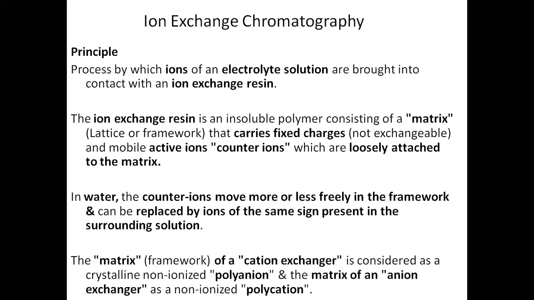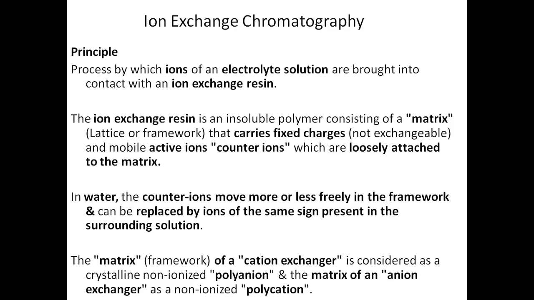The ion exchange resin is an insoluble polymer consisting of a matrix, that is a lattice or framework, that carries fixed charges which are not exchangeable. That means these charged particles are embedded on the matrix, and therefore they are not exchangeable. And the mobile or active ions, or counter ions, are loosely attached to the matrix. So in water, the counter ions move more or less freely in the framework and can be replaced by ions of the same sign present in the surrounding solution.